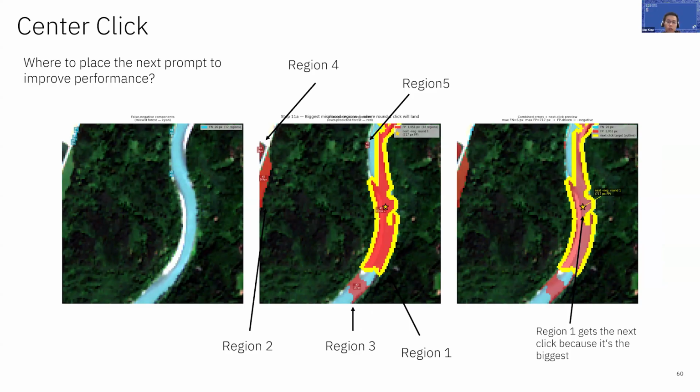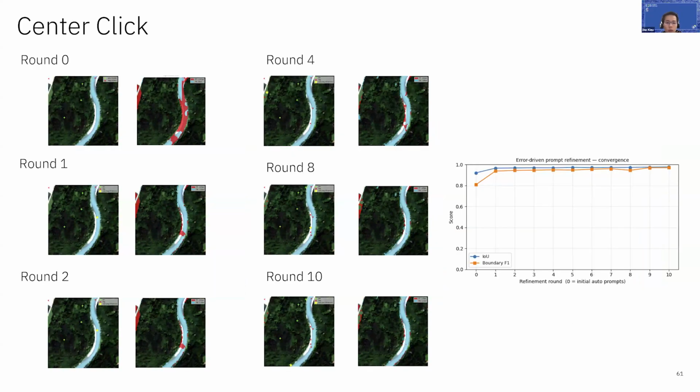And we would just do it 10 times, so 10 rounds. We would put the next prompt, calculate where the next biggest missegmented region is, and then put the next prompt there. And we would do it for 10 rounds. As you can see here, for this patch, the performance is already very high from the beginning.